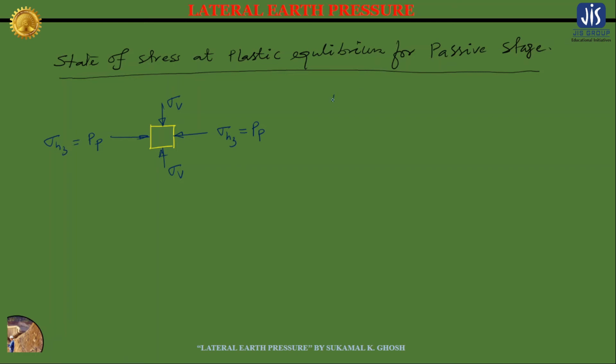So here this sigma H3 or the PP, meaning the passive earth pressure, is the major principal stress. It means it is sigma 1, and this sigma V is the minor principal stress. Right.